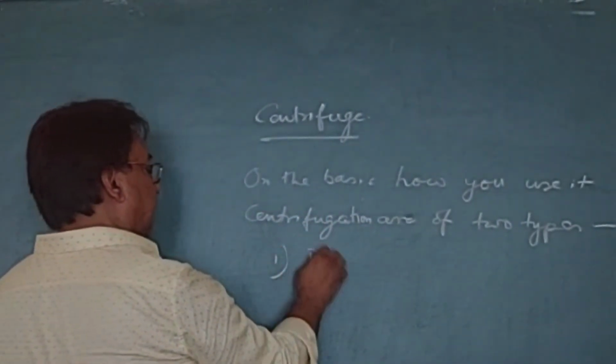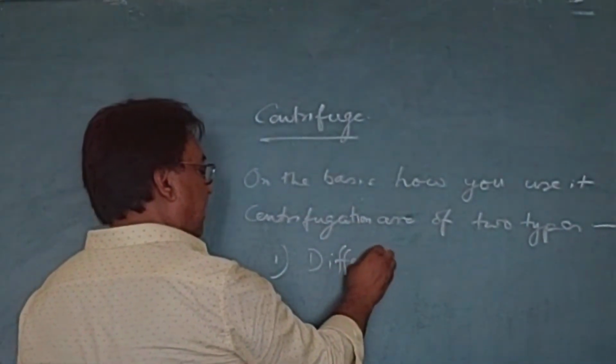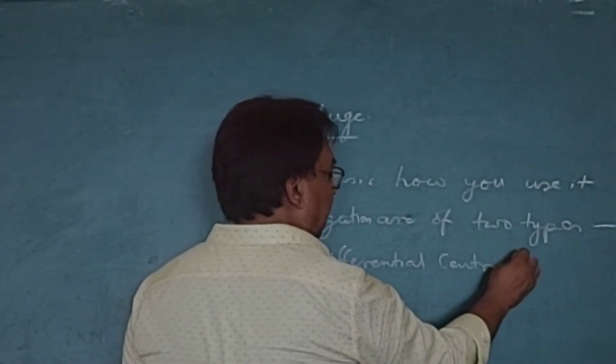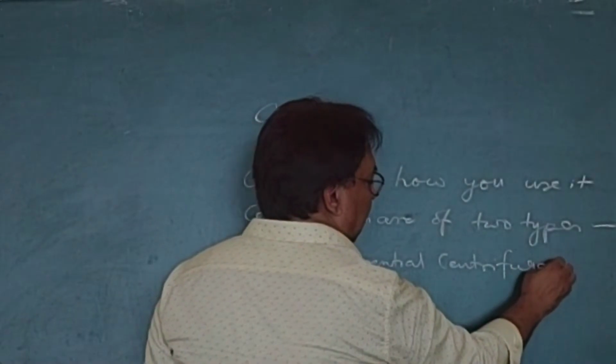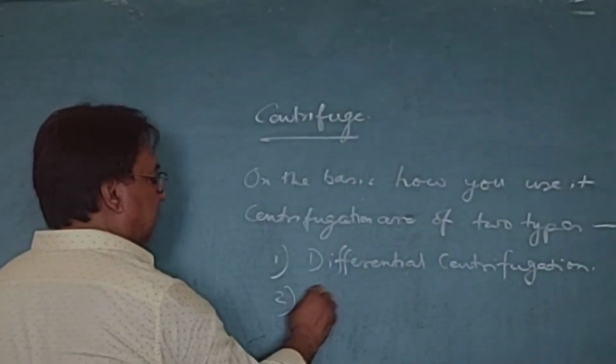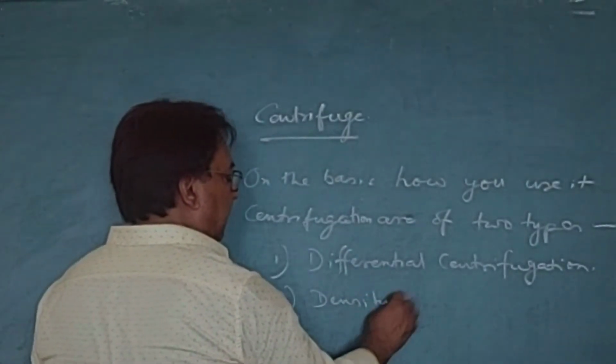One is differential centrifugation, another one is density gradient.